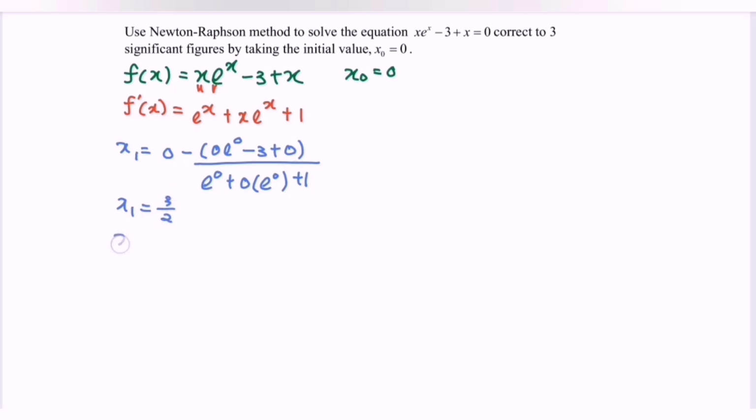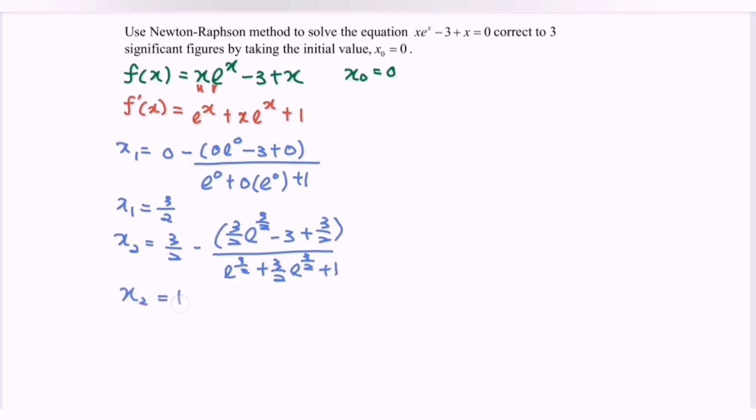Repeat the process, we have x2 over f prime x. By referring to the calculator, we have x2 equals 1.0721.